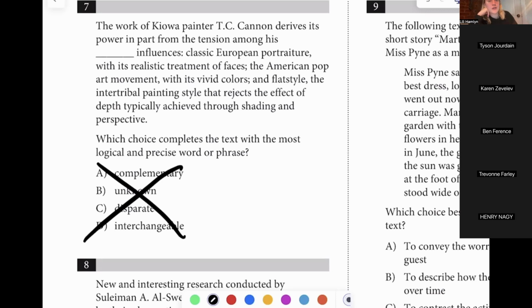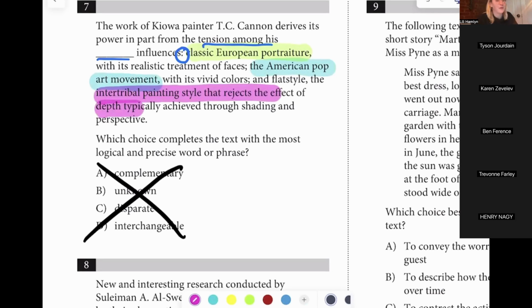Yeah, this one's a little tricky. We're being told that the work of this painter, the power comes from the tension among his something influences. And again, we have this colon, which is then telling us what the influences are. So we get told that we have classical European portraiture, the American pop art movement, and the intertribal painting style that reflects all these things.